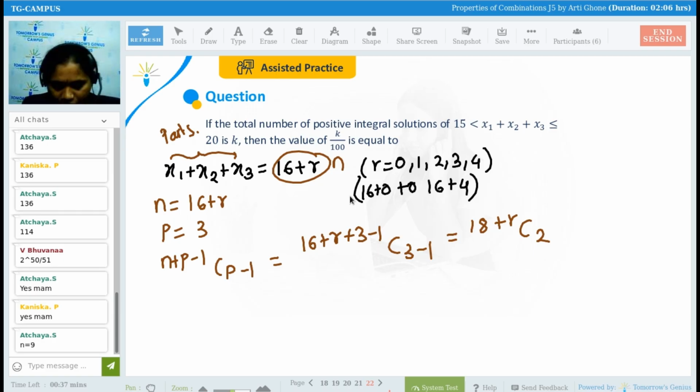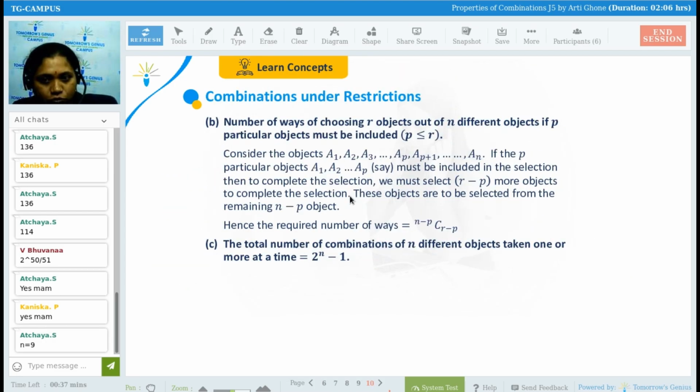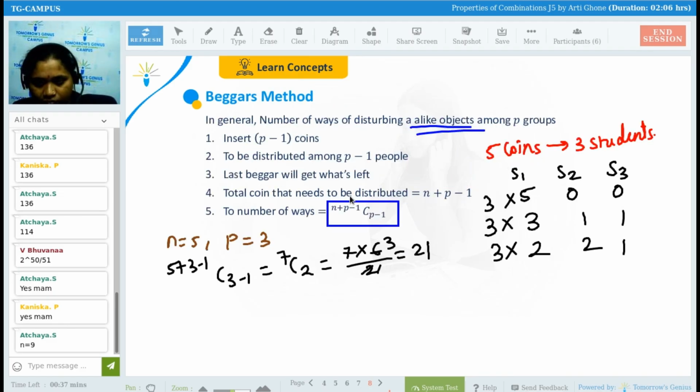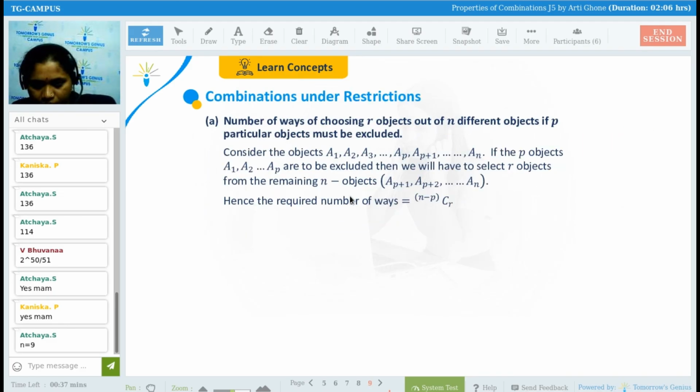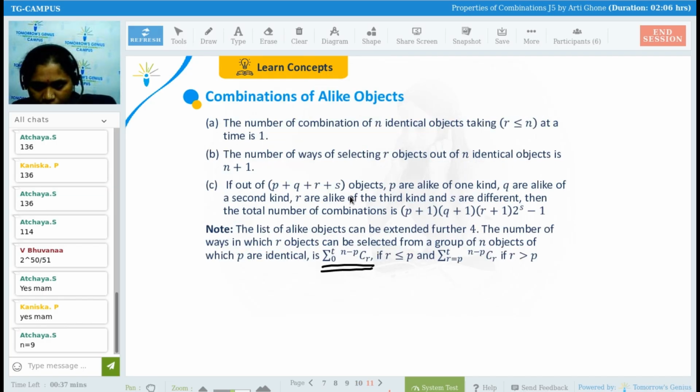Okay. Now pay attention to the miscellaneous formulas which we are not covering here. Just observe this formula.